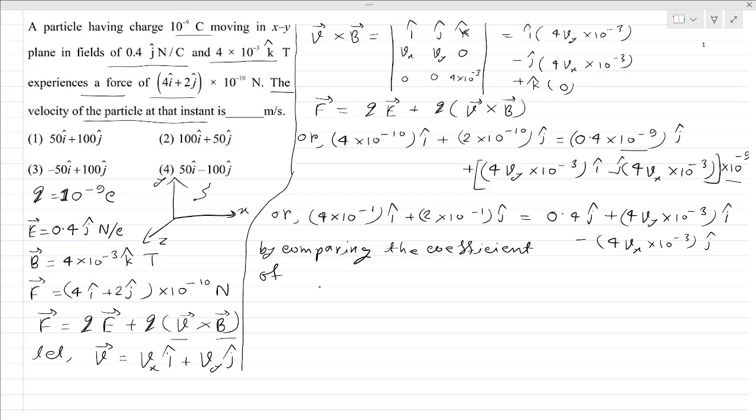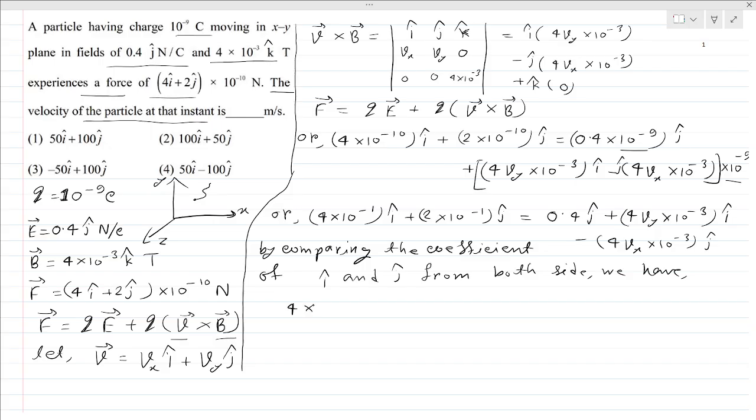of I cap and j cap from both sides. What do we have?